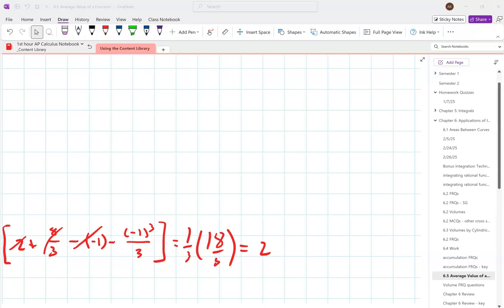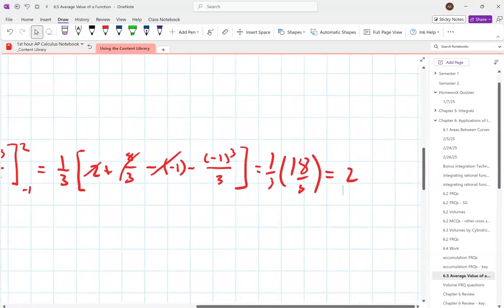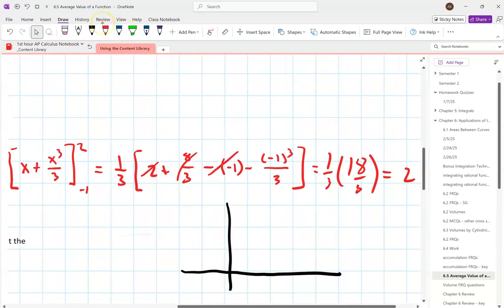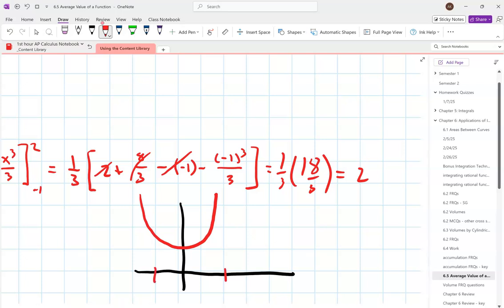Everybody's okay with that? So one way to think about what we just did was we have our function 1 plus x squared looks like this, right? We have the interval from -1 to 2, and we have our average value as 2.